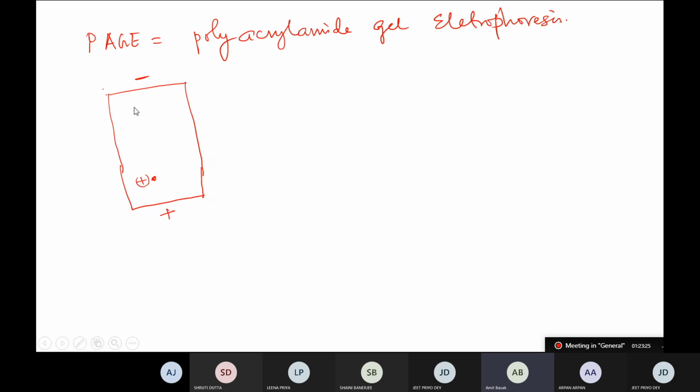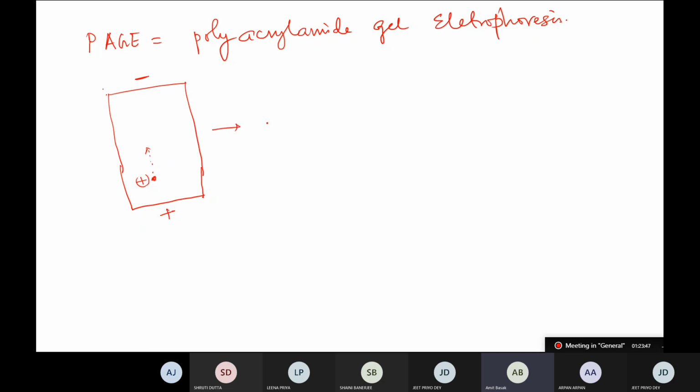This is kind of a jelly-like thing, where you put the protein solution, and then the protein, because of the charge, if you apply an electric field, slowly moves, and this movement will depend on this movement.